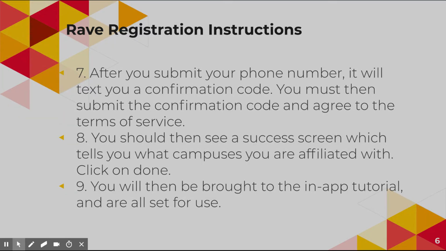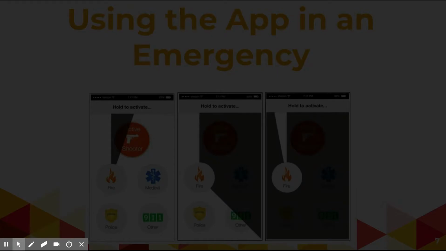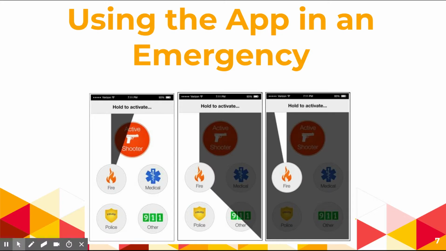For example, if you see an armed intruder or hear gunfire, press and hold the active shooter button. However, if you witness a medical emergency or are calling to report a suspicious person, press and hold the medical or police buttons, respectively. Next, confirm the call to 911.